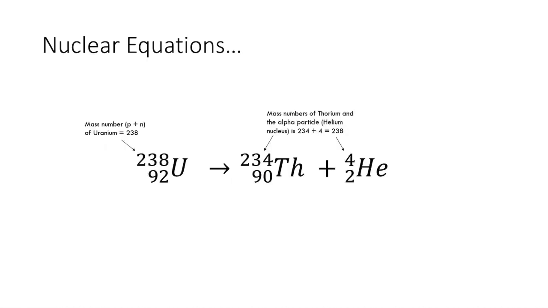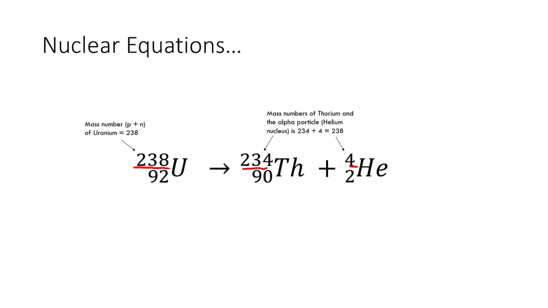Mass number is protons and neutrons. So for the case of uranium, this is 238. The mass number of thorium plus the mass of the alpha particle is 234 plus 4. So 234 plus 4 will equal 238.